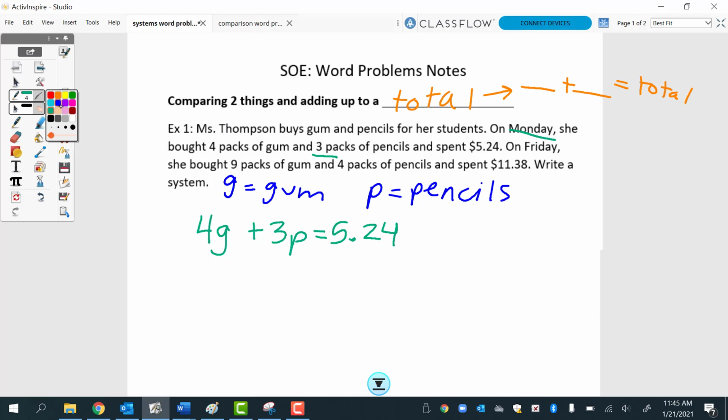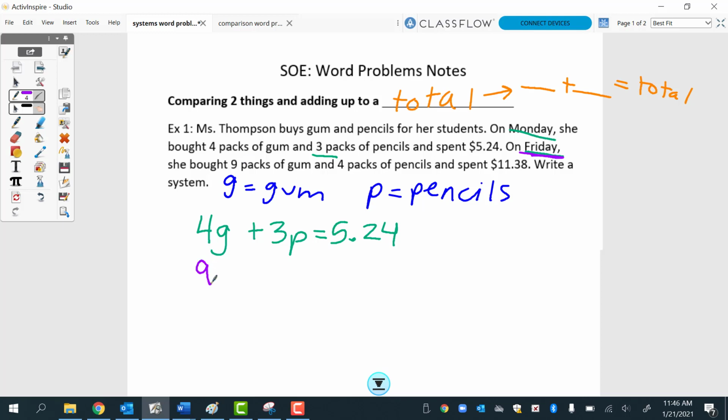My other equation, my Friday equation, I'm going to write in purple. That's not purple. On Friday, I bought 9 packs of gum and 4 packs of pencils. So what goes with G this time was 9.